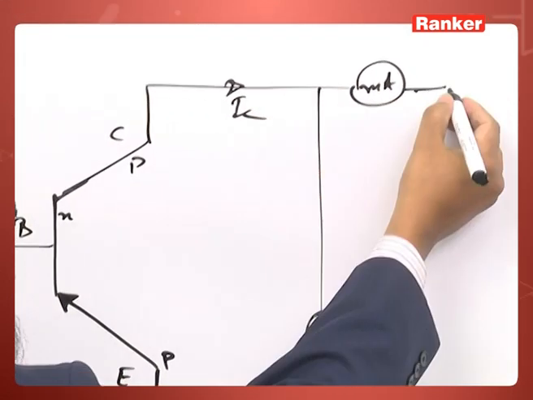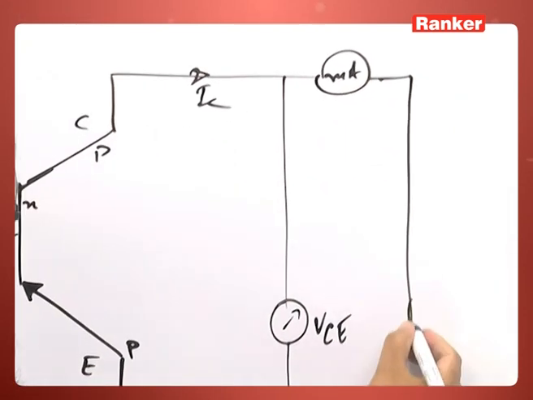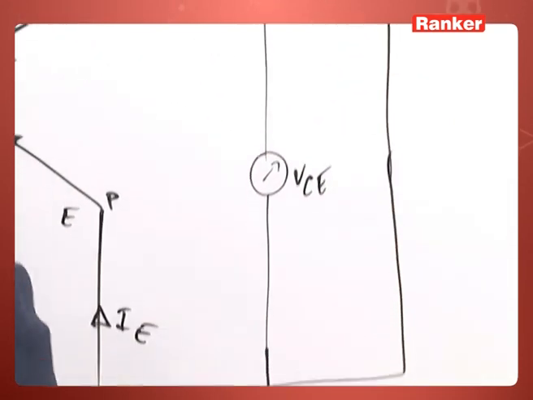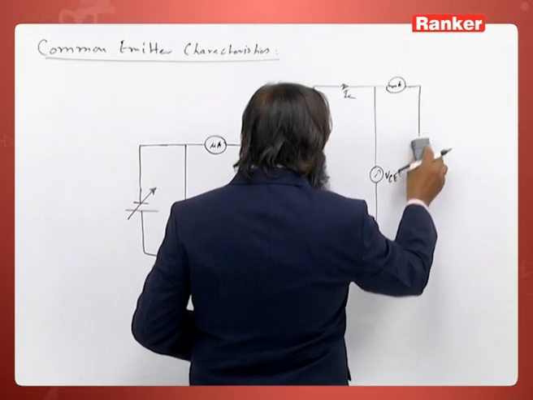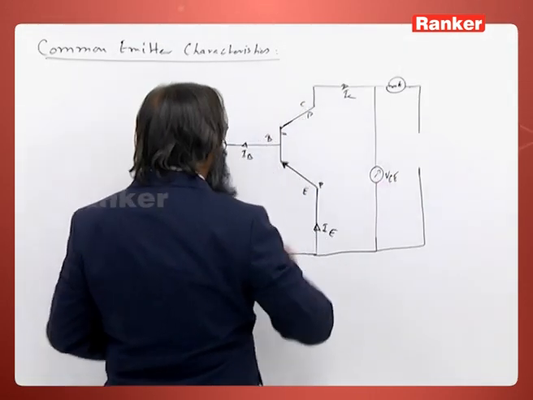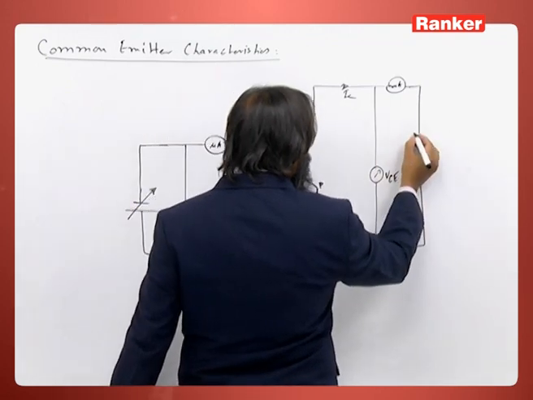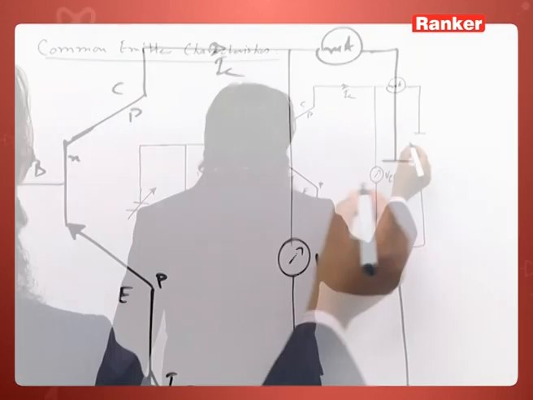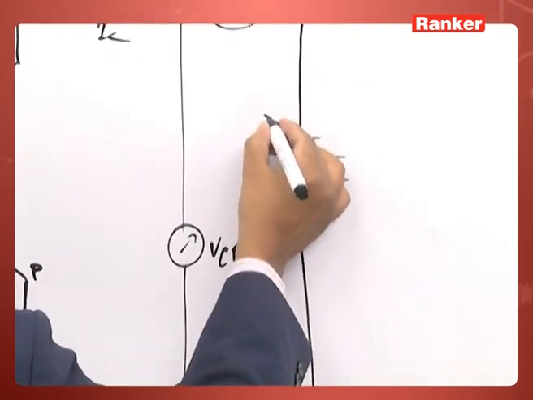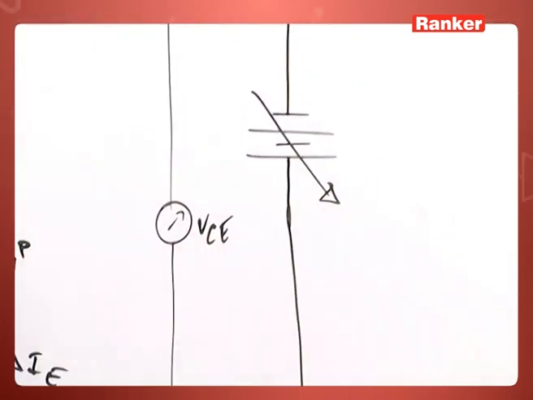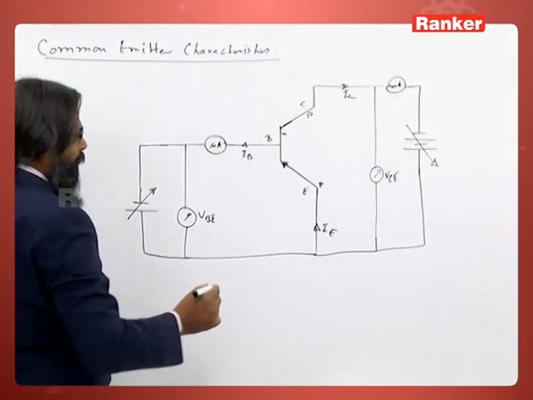The range of IC is milliamperes. Now here I have to apply bias, which I can also change. This should be reverse biased, this is the P side, so it should be connected to N, and the biasing should be more here, and that also can be varied according to our demand.